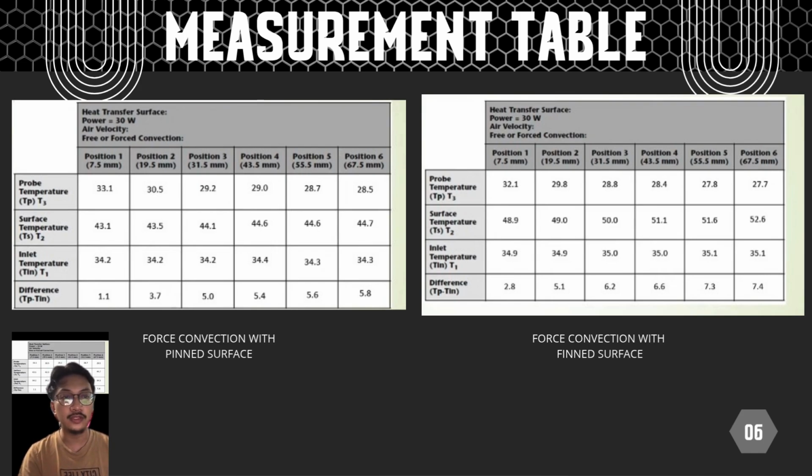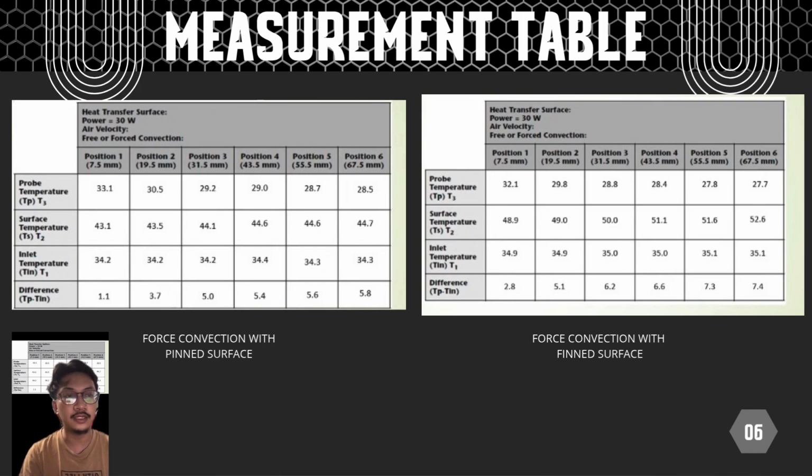Meanwhile, the surface temperature remains relatively constant with only a small increase along the position. The inlet temperature also stays almost constant throughout the experiment. In addition, the temperature difference between the probe temperature and inlet temperature increases gradually from position 1 to position 6.